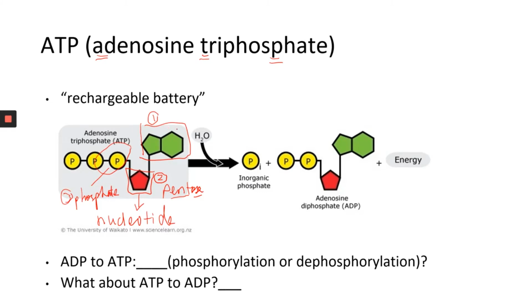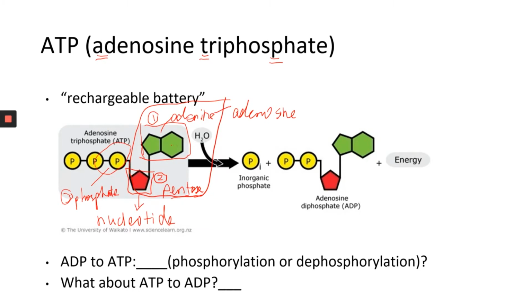If you just look at the nitrogen base, it's called adenine. It just refers to the base. But if you look at the base plus the pentose sugar, that's called adenosine. So adenosine triphosphate means you have adenosine, which includes the base and the sugar, and then you have 3 phosphate groups attached to it. All right, so that's ATP.